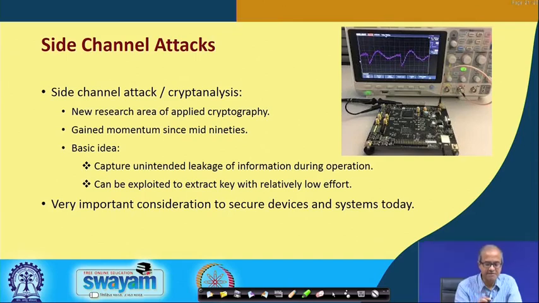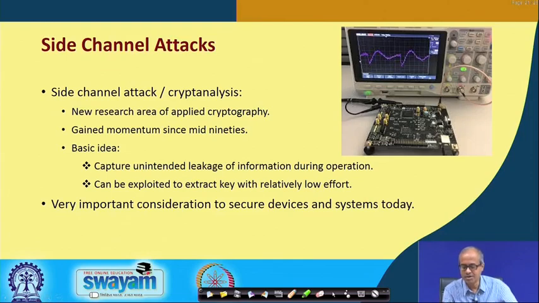So, this is a relatively new area of research, because traditional cryptanalysis is here for many decades, and in fact, this was proposed in the mid 90s. Since then the importance was appreciated by researchers and this has gained momentum. The basic idea is like this, you see this picture in this diagram.